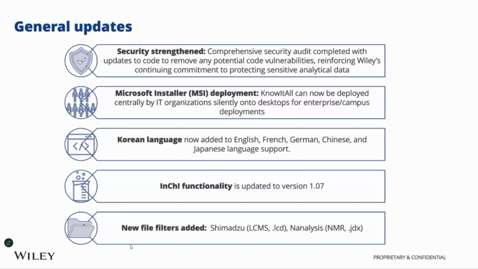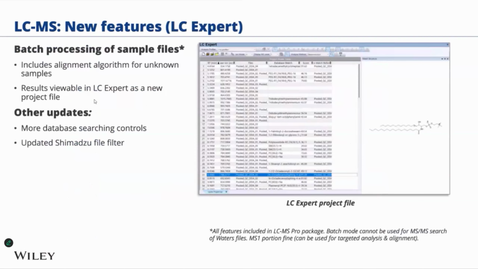We have new file filters added, Shimadzu MS LCMS file, and also analysis file formats. Okay, for the LCMS, you can batch process raw data. Okay, and then has more database search controls, and also we mentioned that has Shimadzu filter.